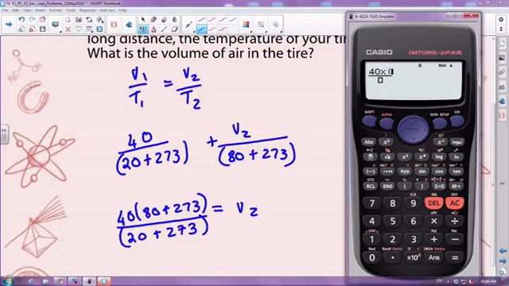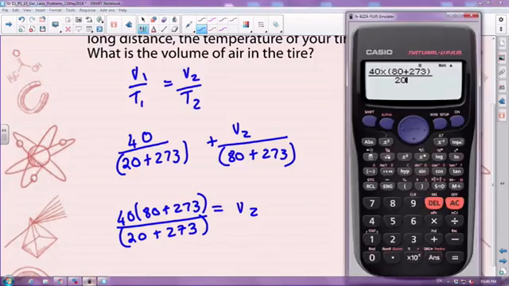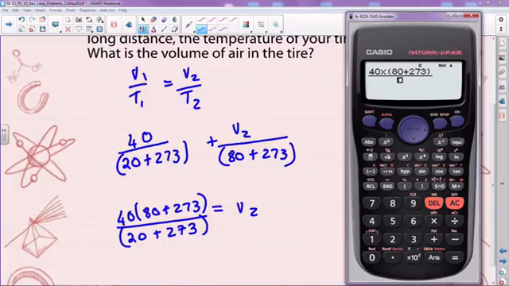So multiplied by, here I'm going to open my brackets, 80 plus 273. There we go, 273. Close my brackets, and here I'm going to divide by 20 plus 273, and I close my brackets.